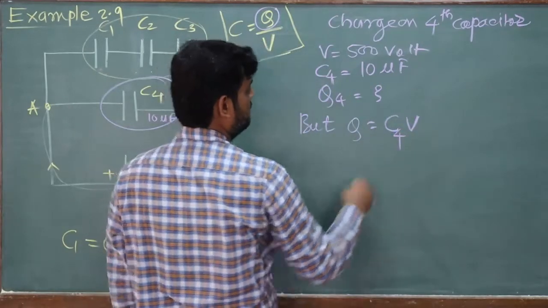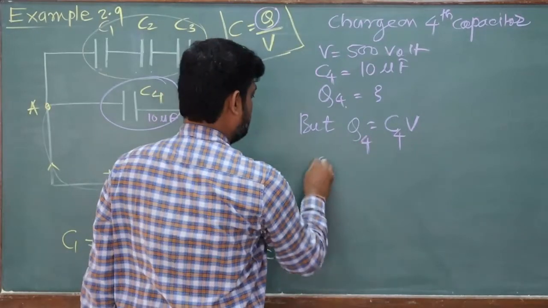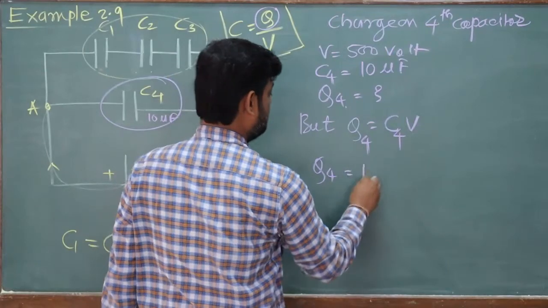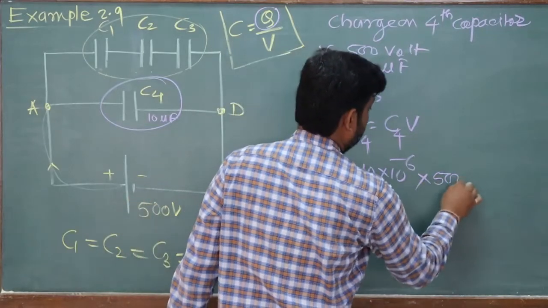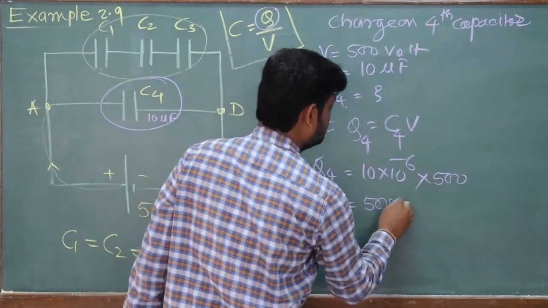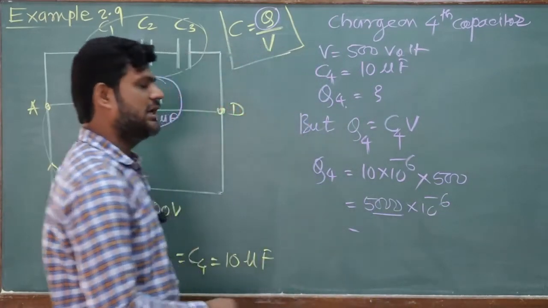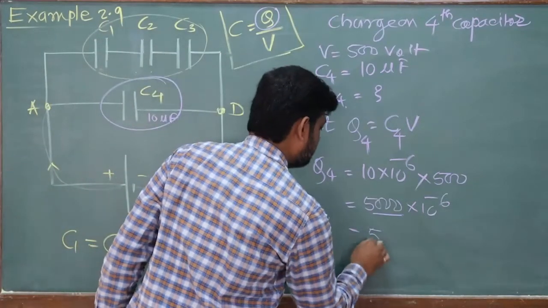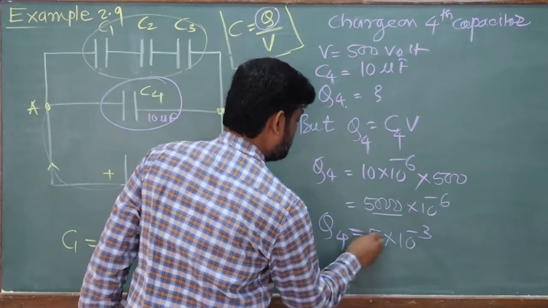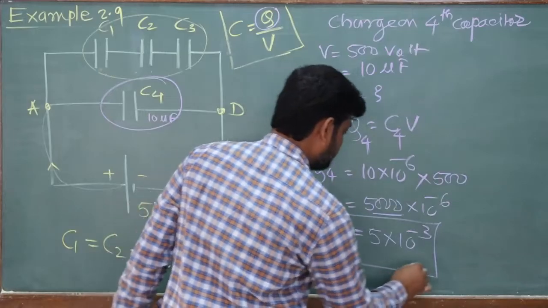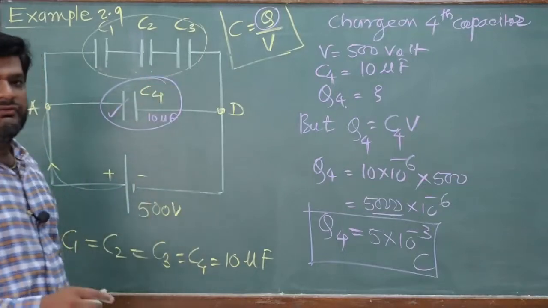It is C4. V is common for all. So Q4 equal to 10 to the power minus 6 times 500. So we can write 5000, which is 5 into 10 to the power 3, times 10 to the power minus 6. So you get the answer 5 into 10 to the power minus 3, Q4, the charge on the fourth capacitor, in coulomb. So this is about the fourth capacitor. We solved for the fourth.